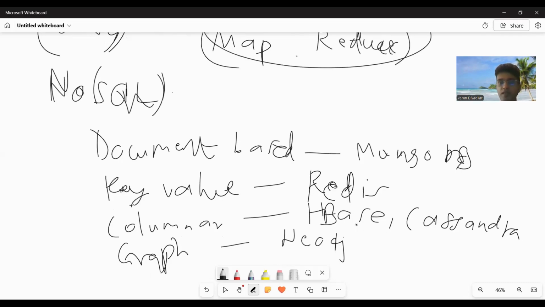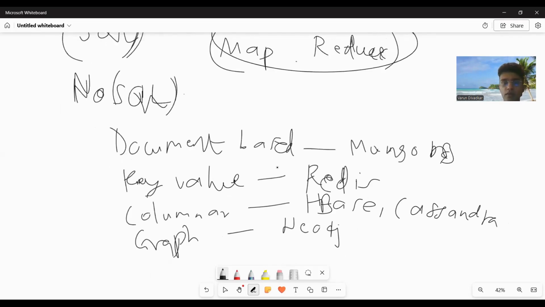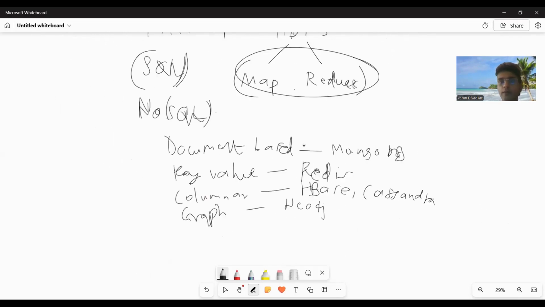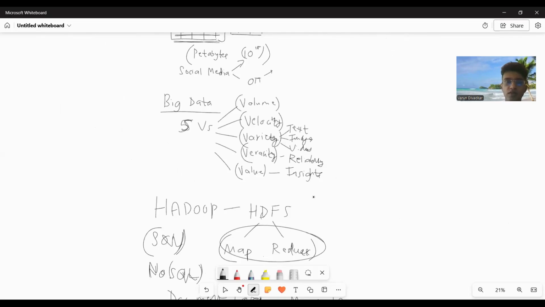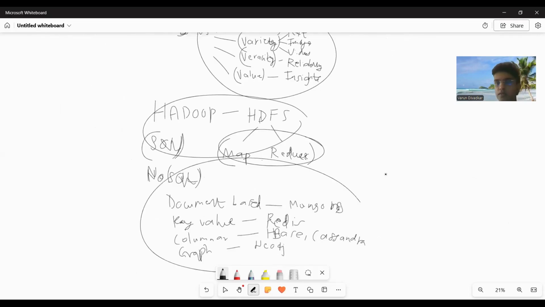So this is, in short, about the necessity for big data databases and their evolution, the underlying technologies therein, the 5 V's, and the NoSQL databases at a high level. I hope this is useful to you folks.